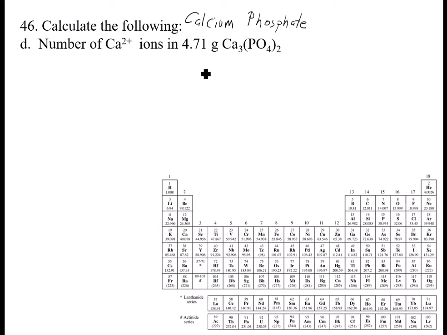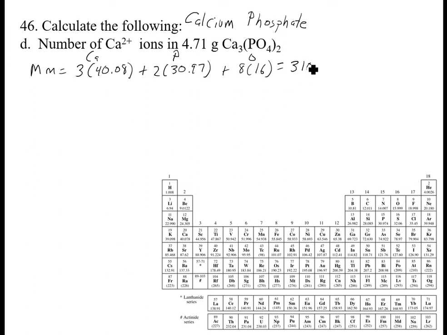Molar mass wise, I have 3 calciums, so 3 times the 40.08. I have 1 times 2 is 2 phosphorus, so 2 times the 30.97. Plus 4 times 2 is 8 times the 16 for oxygen. And so that gives me a molar mass of 310.18 grams per mole.